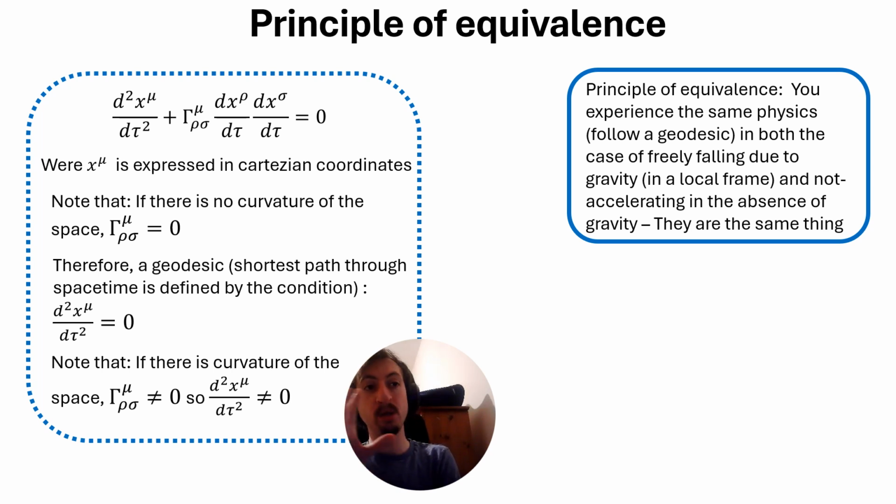The moment you are making reference to anything outside of your own frame, and because space-time is curved and a local frame is actually infinitesimally small, the moment you make reference to anything else outside, you can identify whether you are freely falling in a gravitational field or not.